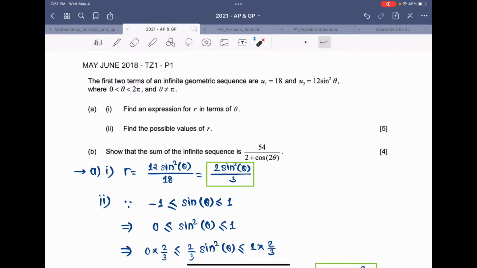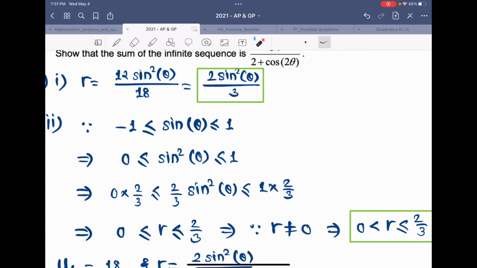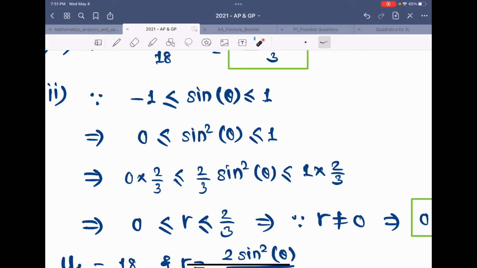Second, find the possible values of r. We know in trigonometry, sin θ is always lying between positive 1 and negative 1. It's a unit circle condition. So if sin θ is always lying between positive 1 and negative 1, for sin²θ, negative 1 squared is positive 1 and positive 1 squared is again positive 1.